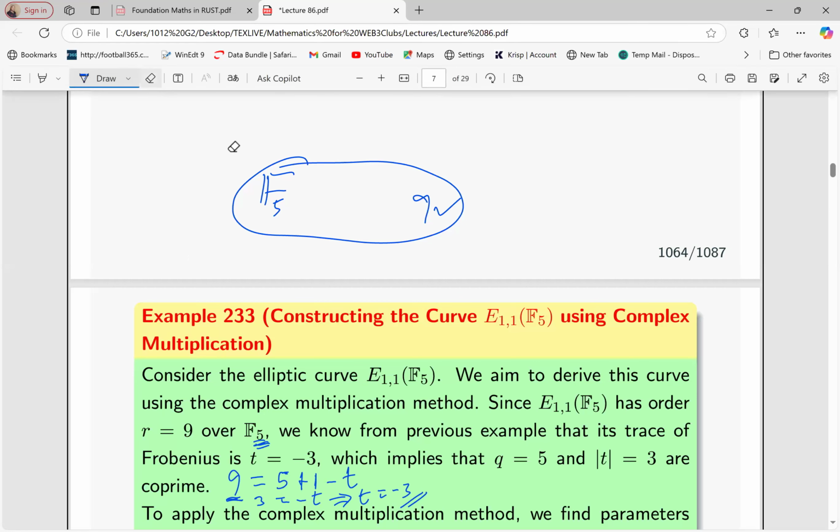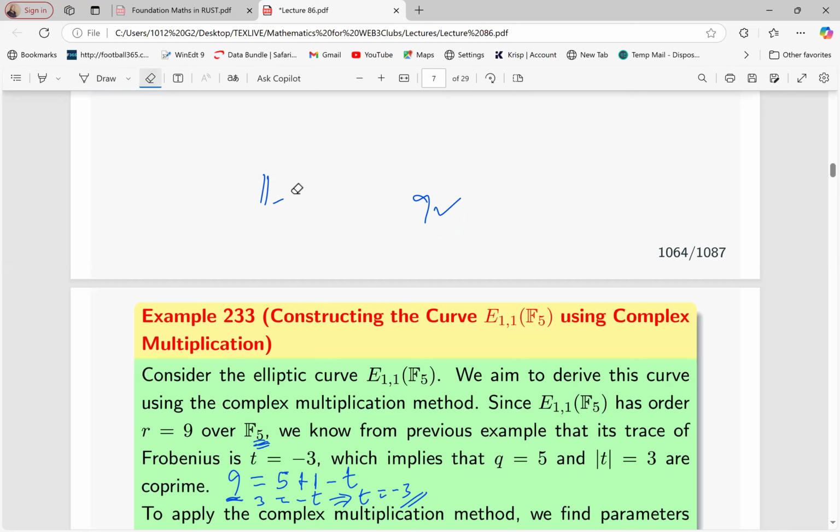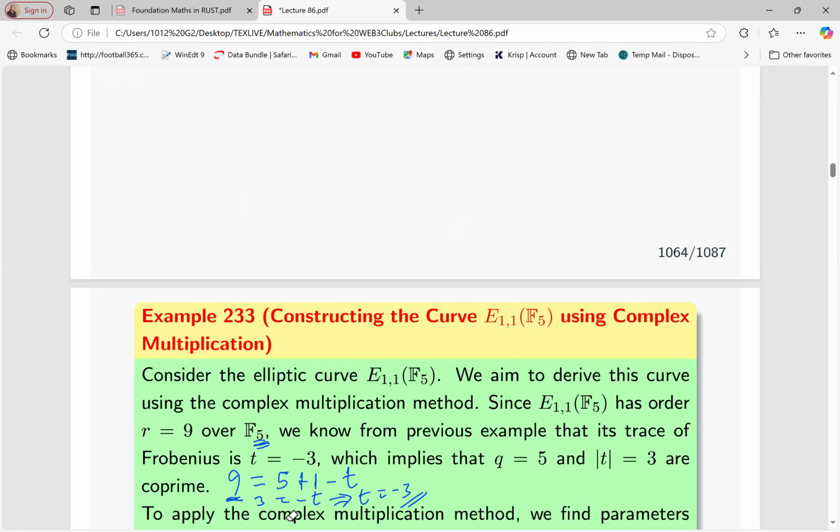Now, once you have the trace, the next thing is to find d, the discriminant. That is the next step. We want to go until we get the equation of this curve. Remember, we know the condition we want for an elliptic curve.